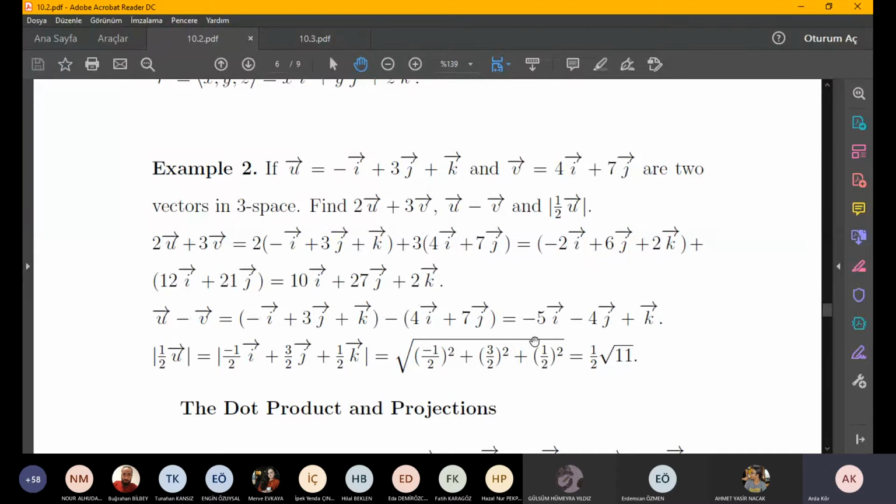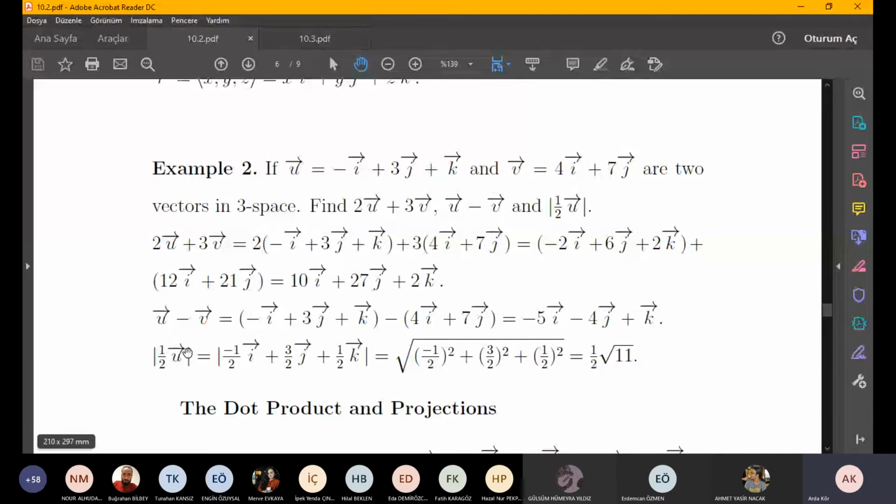So the components of u minus v are -5, -4, and 1. The last one will, of course, not be a vector. It will be a scalar, because we need to find the length of 1/2 times u.